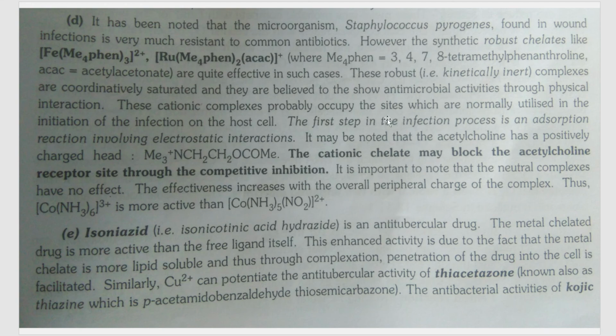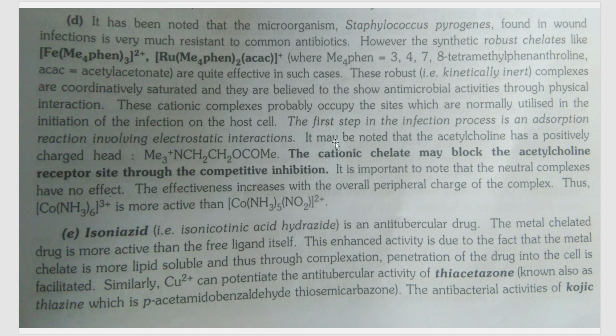One more way is this. If the infection is already initiated, the first step is the absorption reaction involving electrostatic interaction. This acetylcholine, which is a type of bacteria, has a positively charged head, because of which it interacts. There is electrostatic interaction seen between this acetylcholine and the host cells.